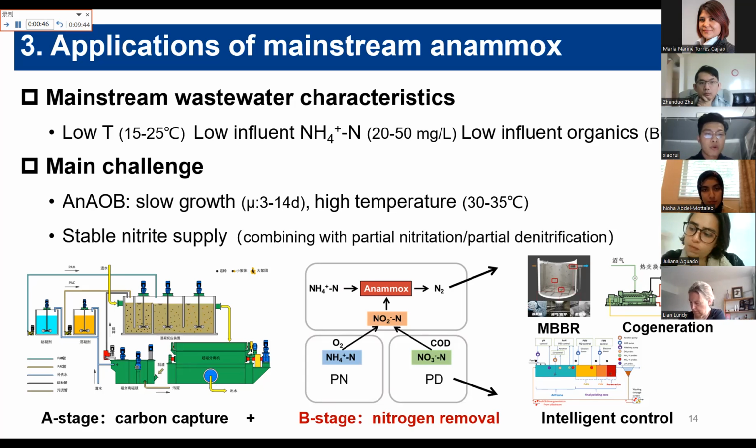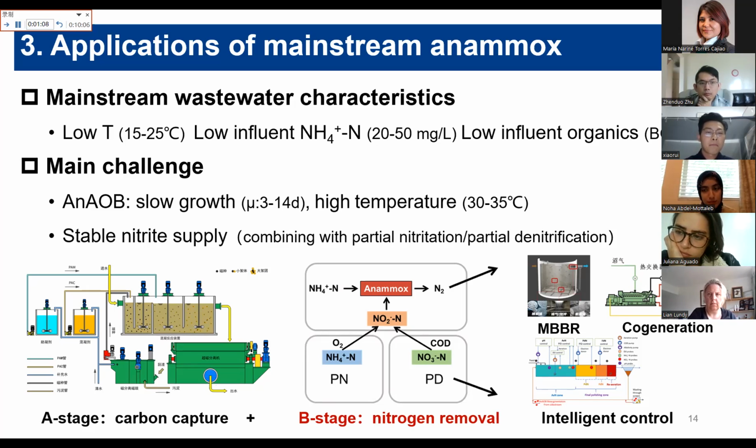For example, Anammox exerts a slow growth. The growth rate is 7 to 12 days, and it requires a high temperature. Moreover, in the municipal wastewater, there is no nitrite in the influent.